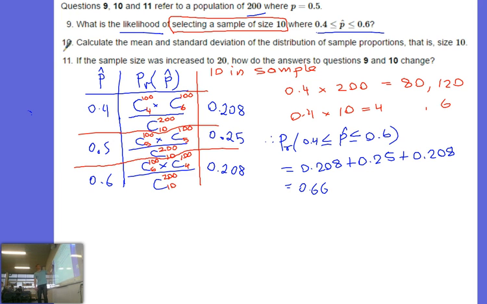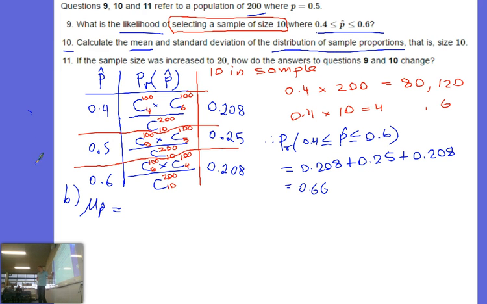Alright, so let's calculate the mean and standard deviation of the distribution of sample proportions of size 10. So what is the mean of the sample proportions going to be? What is the mean of the distribution of sample proportions?